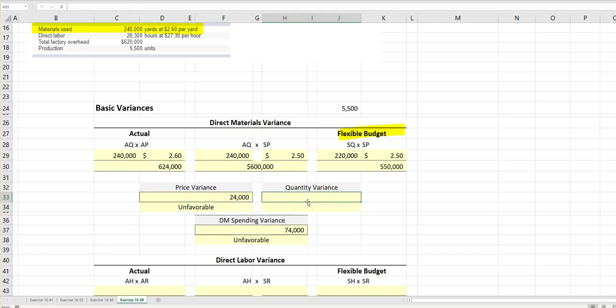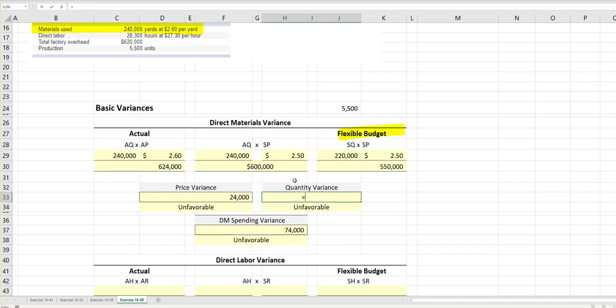The quantity variance will be unfavorable as well because we used 240,000 yards, and we should have used 220,000. We can calculate this quantity variance quite a few different ways. Our overall variance was $74,000 unfavorable. So if the price was $24,000 unfavorable, that means the quantity variance would have to be $50,000 unfavorable.